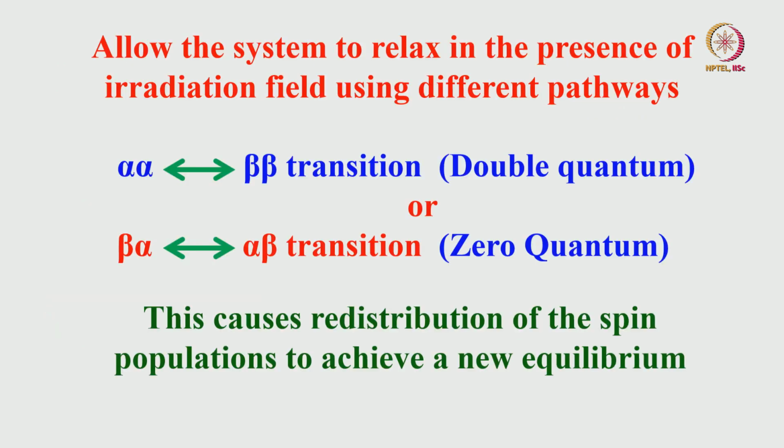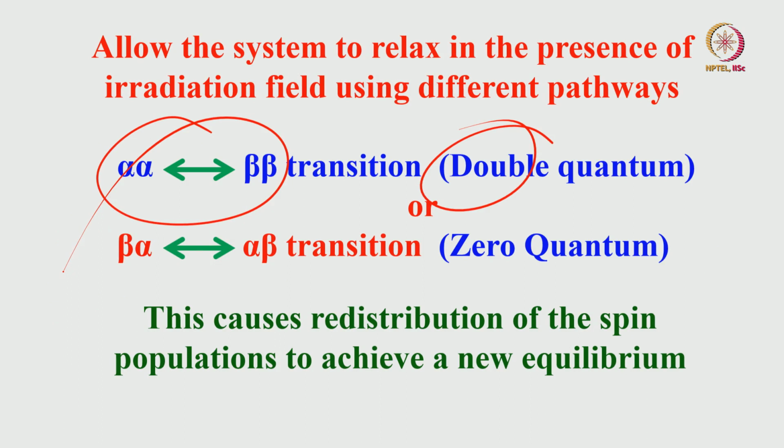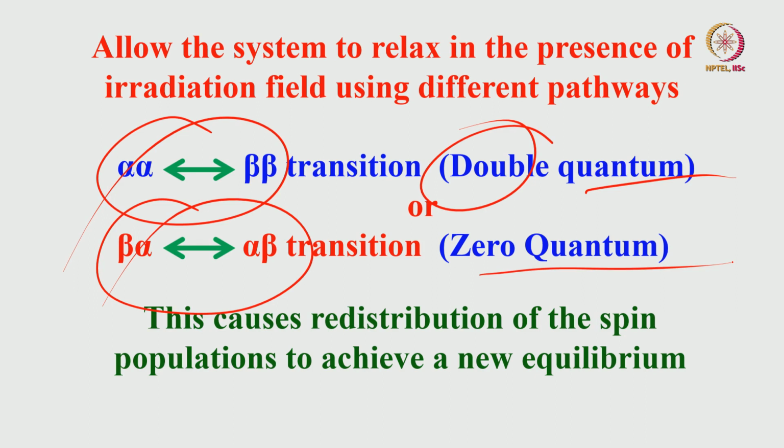But what we will do is allow the spins to relax through different pathways: the double quantum pathway between alpha alpha and beta beta states, or the zero quantum pathway between beta alpha and alpha beta states. The spins undergo transition between these states. This is double quantum relaxation, and this is the zero quantum relaxation pathway.